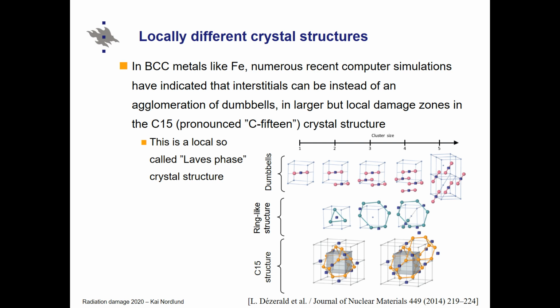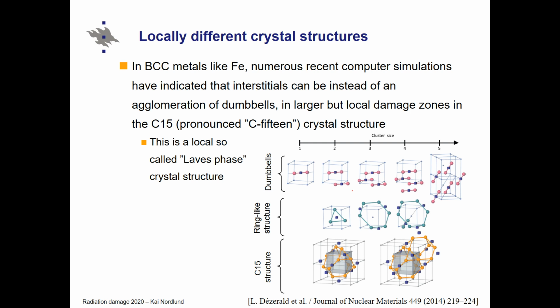This work, which has later been confirmed by many other simulation groups and many other interatomic potentials, looks at the interstitial clusters in iron. The single interstitial is a dumbbell, which we have already mentioned in this course. And then the natural way of building up larger interstitial clusters would be, okay, going from a dumbbell, you have 2 dumbbells, 3 dumbbells, and so on. And this can indeed geometrically be done, and these defects are stable.